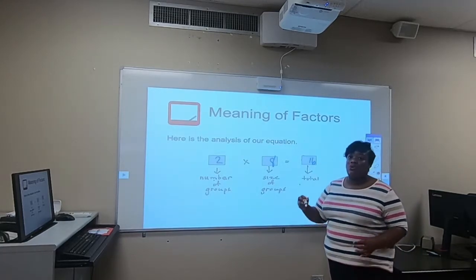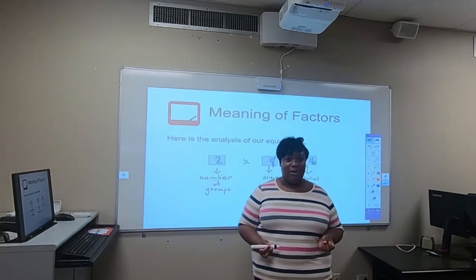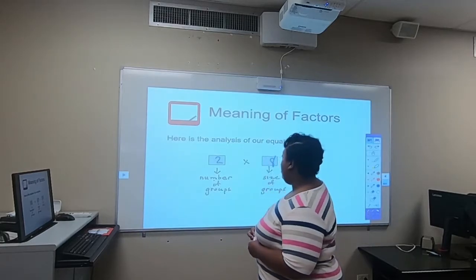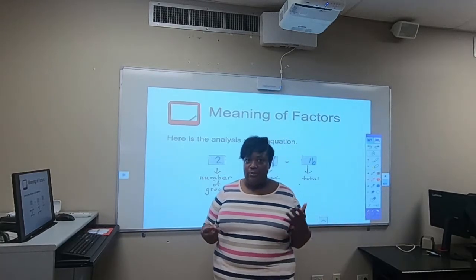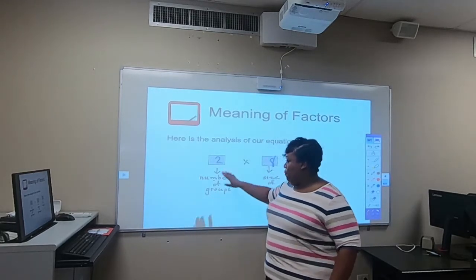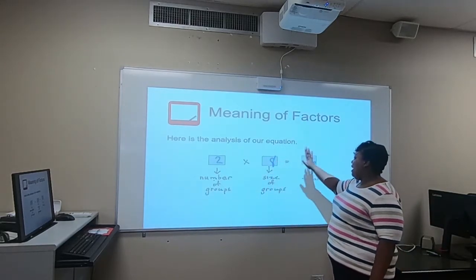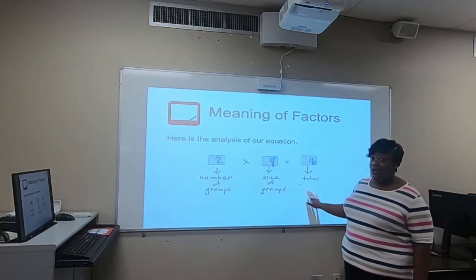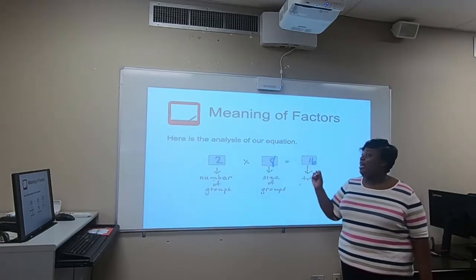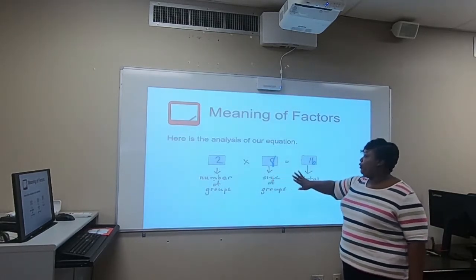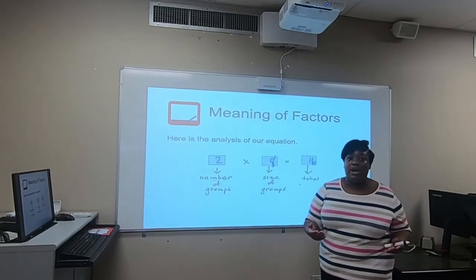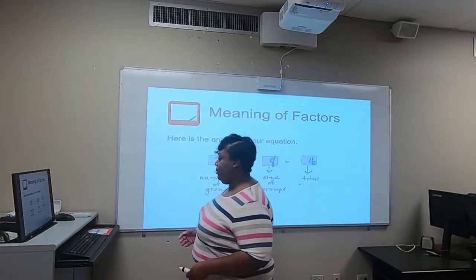Remember, I told you, these numbers mean something, okay? Each one of these numbers has a meaning. We're not just using random numbers. The 2 means the number of groups, the 8 is the size of the groups, and the 16 is the total, okay? So remember, we can also use this to translate into an array or a picture, you guys.